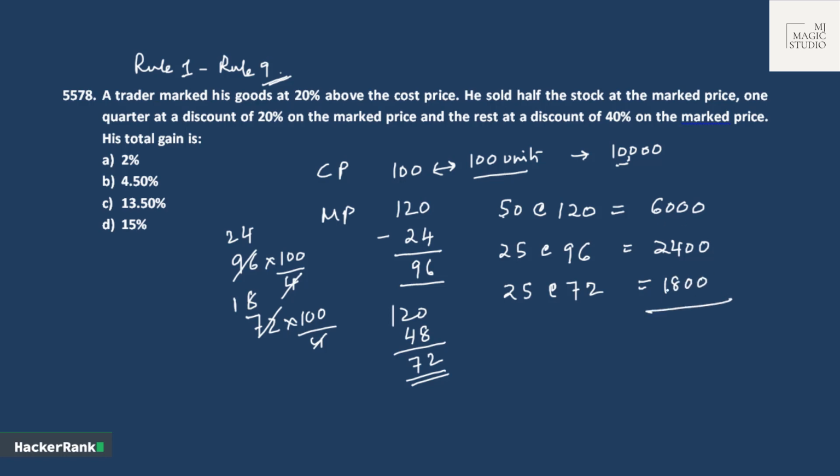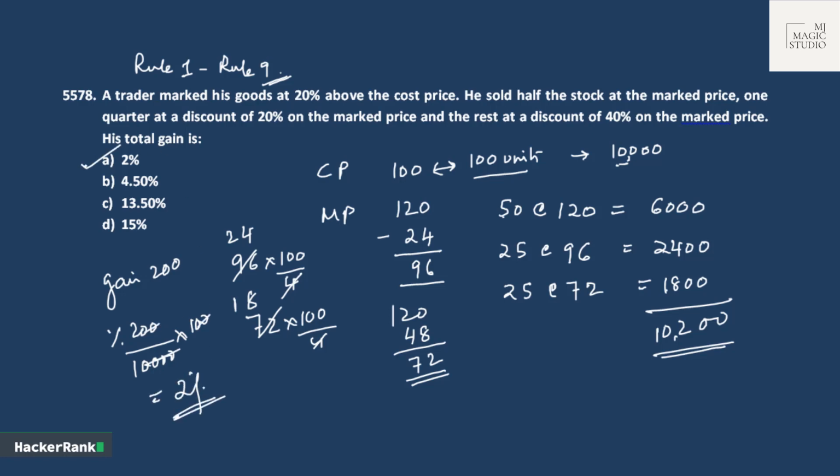So what he is getting back is 10,200. He's gaining 200 rupees. Gain is 200 rupees. So gain percentage is 200 by 10,000 into 100. That is 2% gain. His total gain is 2%. Option A is the pick.